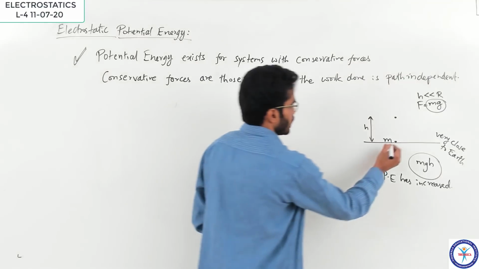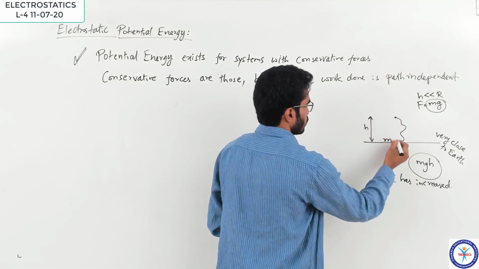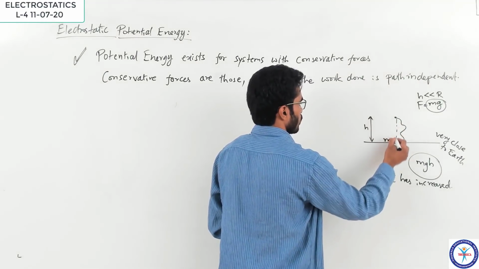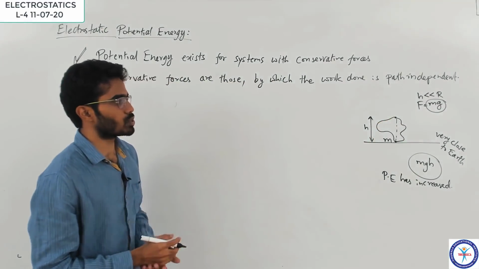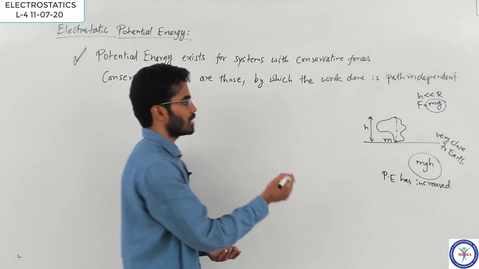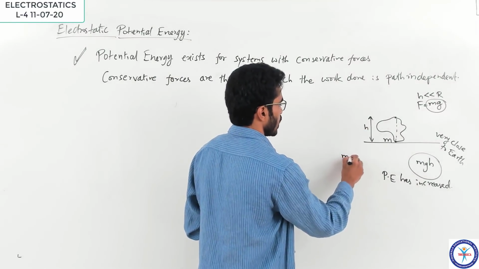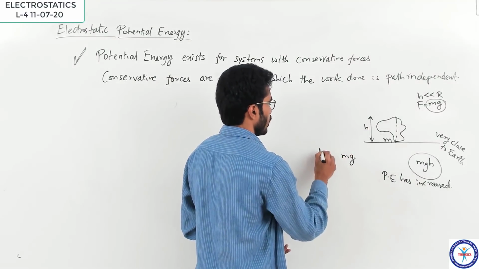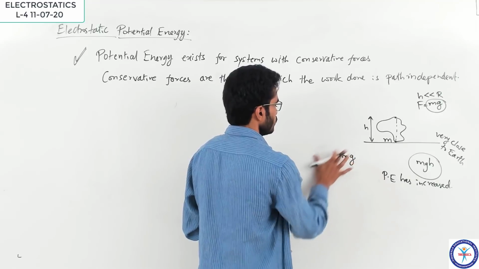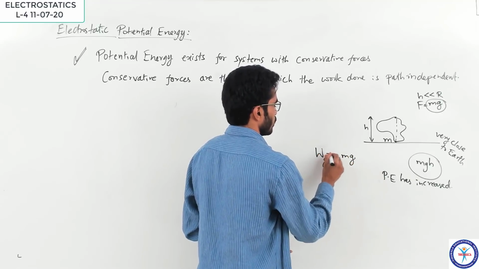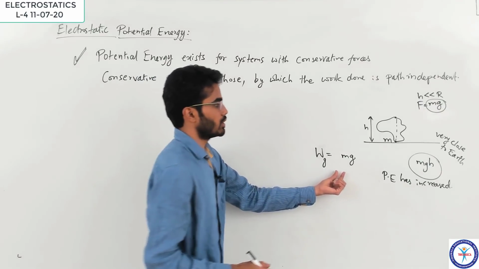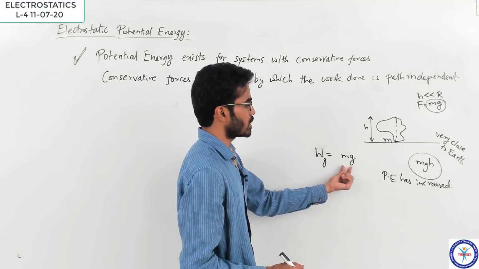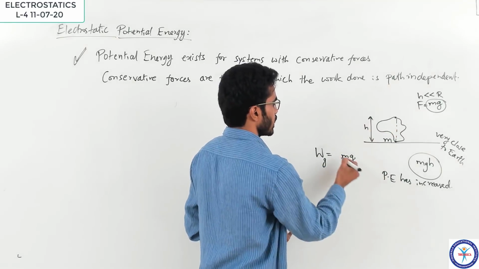In whichever way you take, the work done by the gravitational force will be the same thing. What is the gravitational force here? mg downwards. Work done by gravity is force into displacement, since this is a constant force, but displacement is in the opposite direction.